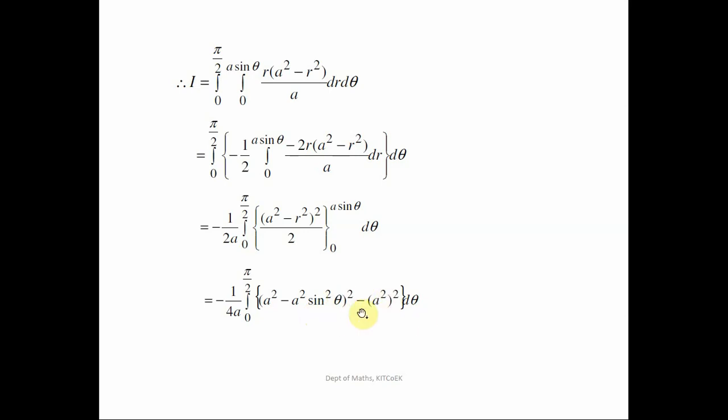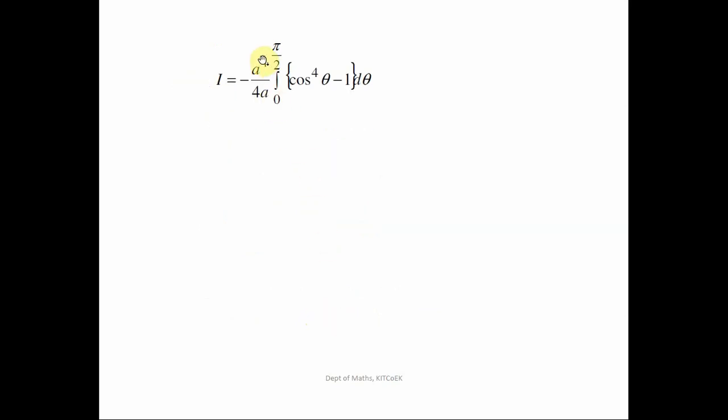So again from both these terms, a raised to 4 also can be taken outside, so that our next step will be now a raised to 4 taken outside upon 4a, limit 0 to pi by 2, cos raised to 4 theta minus 1. Now separate both these terms so that the integral can be evaluated easily.